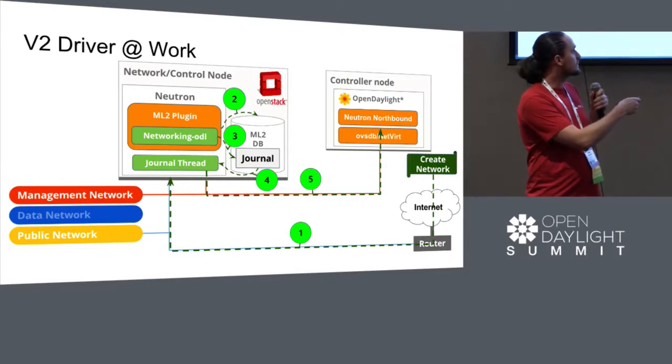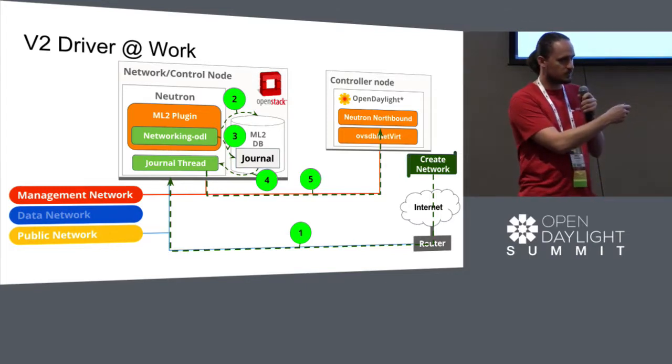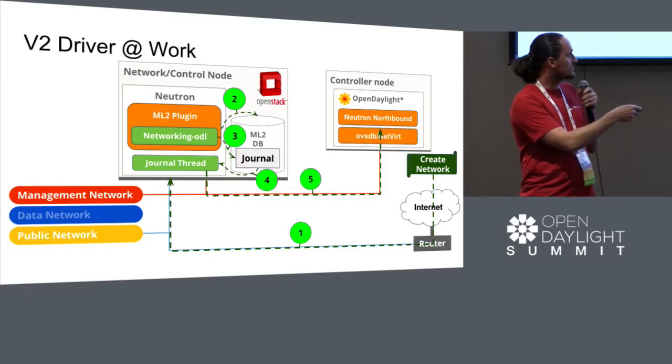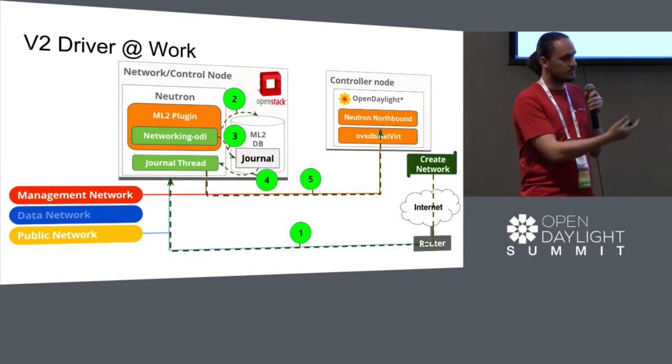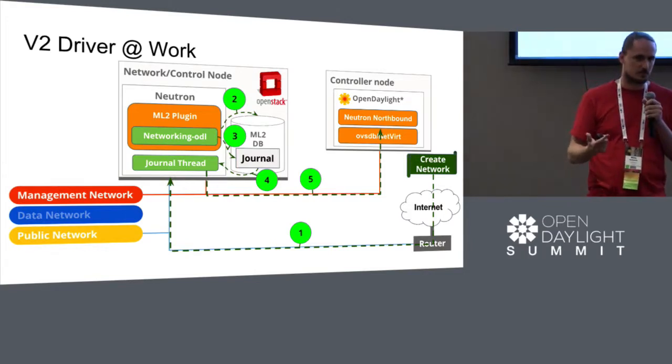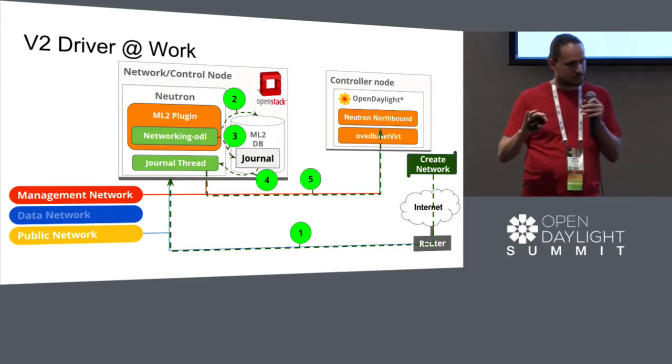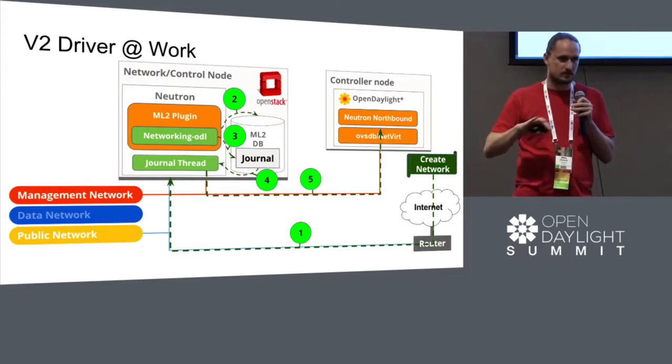And then there's a separate thread, called the journal thread, that reads this entry from the journal. And then that sends it to the Neutron northbound, like to the OpenDaylight controller. And what it does is create a separation of concerns.